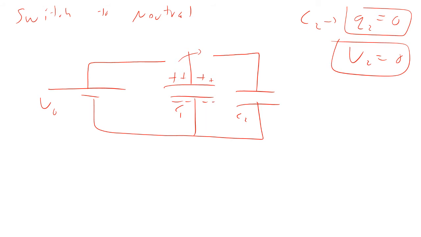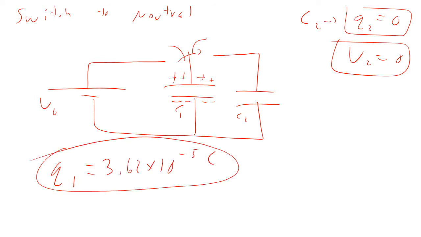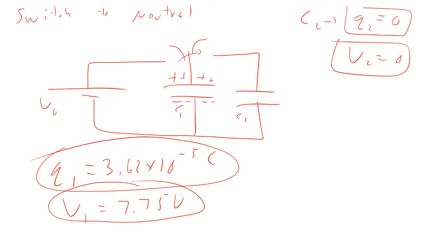There's nowhere for the charge to go, so the charge is still there. So Q1 did not change. Q1 is still 3.62 times 10 to the minus 5th coulombs, and therefore V1 is still 7.75 volts, because if you've got charge on the capacitor, you've got a voltage. So nothing changed.